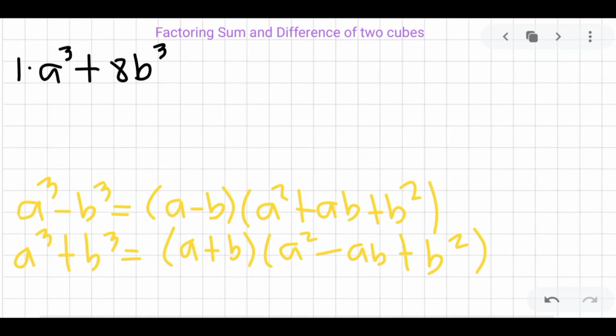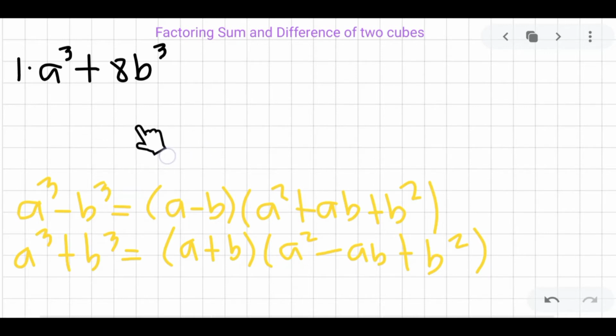Okay, so for our first example, for factoring sum and difference of two cubes, we have a cubed plus 8b cubed. If you notice, below we have this equation, because I told you that you need to memorize it. How do we know if we should use factoring sum and difference of two cubes?